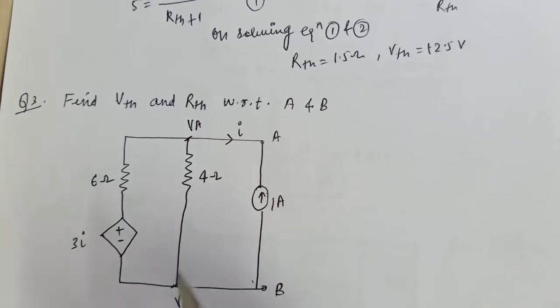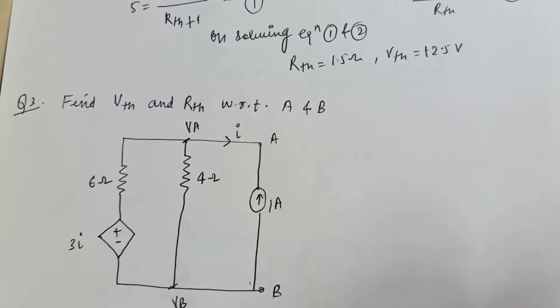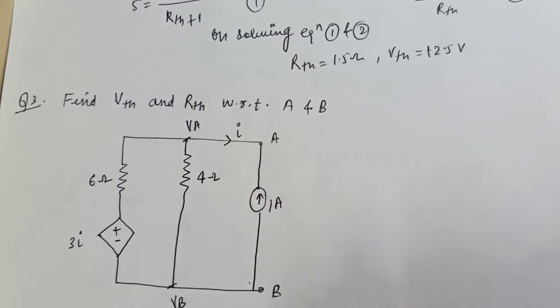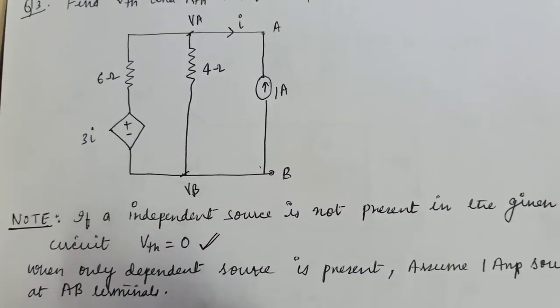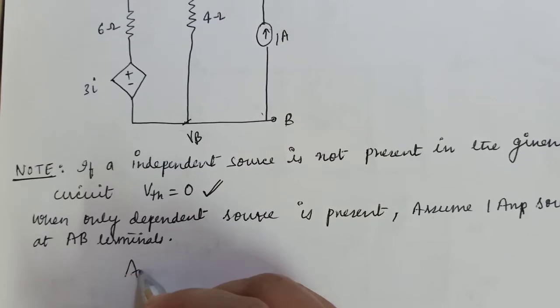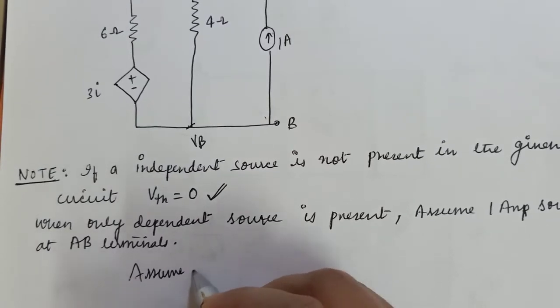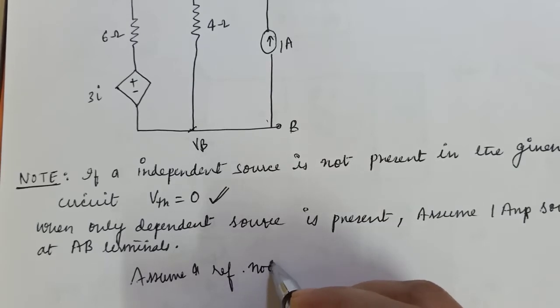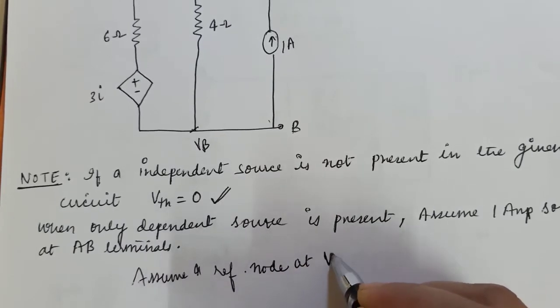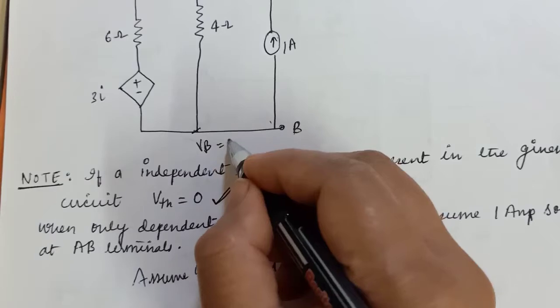I am going to apply nodal analysis to solve for the current. VB I am taking as the reference voltage, so assume a reference node at VB. So this will become 0.